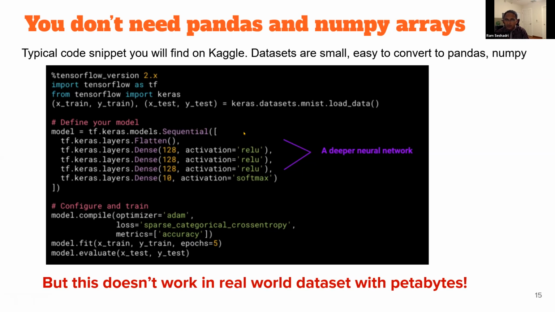Number one, your data set is terabytes, and if you try to fit it into numpy arrays or pandas, it blows up. Second, this model architecture with 3 layers, starting with 128 down to 10, is probably not the best model architecture for all models. You have to find out whether 128 is the right number of neurons for the first layer.